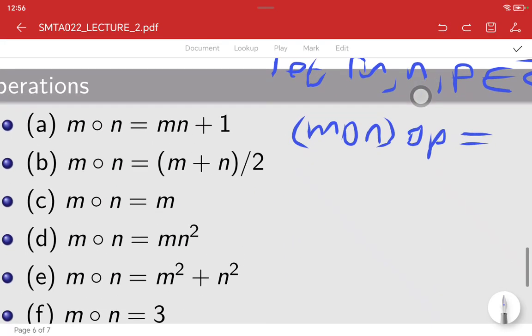The definition says that the answer is always the first element. It doesn't mean that the answer will always be M, because this is not a constant. The answer will always be the first element. We agree, right now?